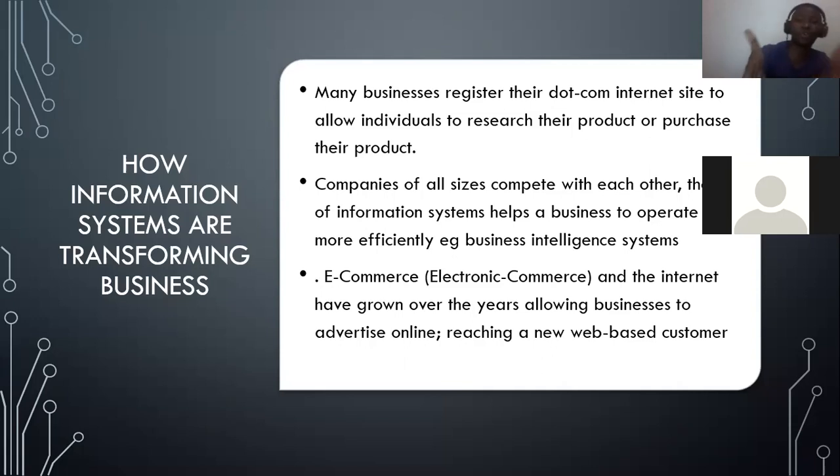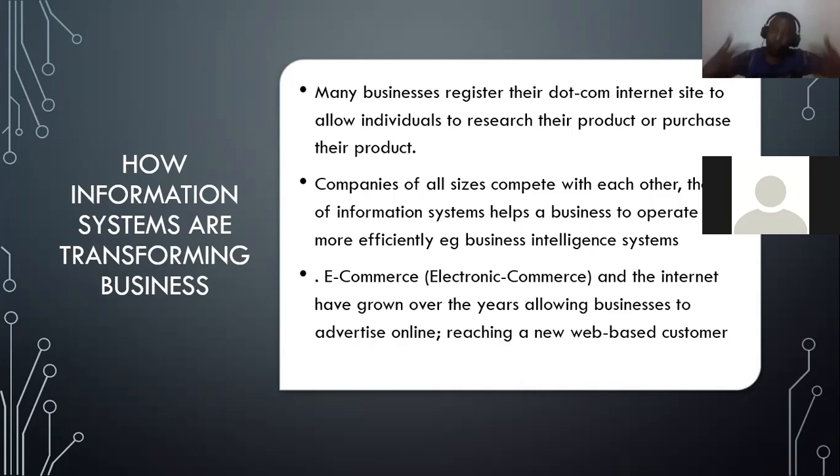So there's another part of information system that is called BIS, right? Which is business intelligence system. So this type of information systems, it uses what is called artificial intelligence, right? You pull a lot of data based on the data that you have been generating the past year, right?